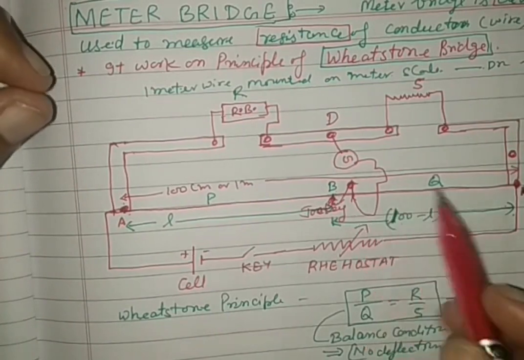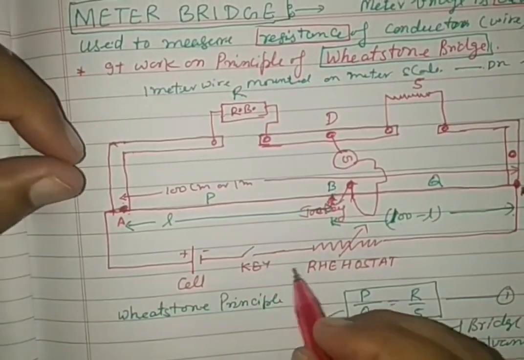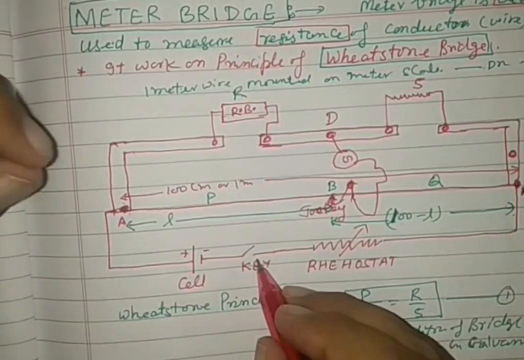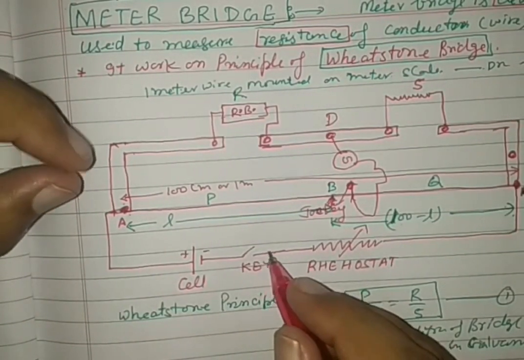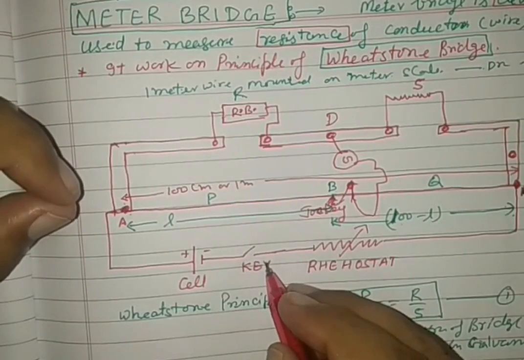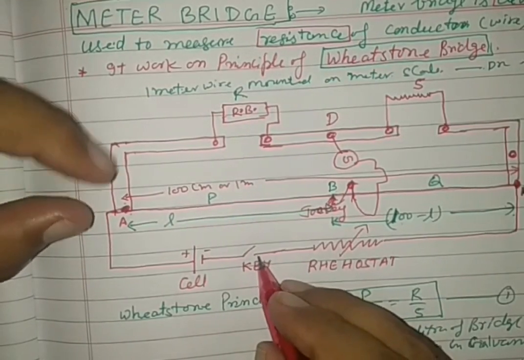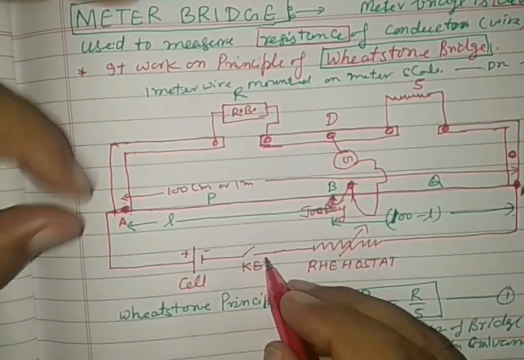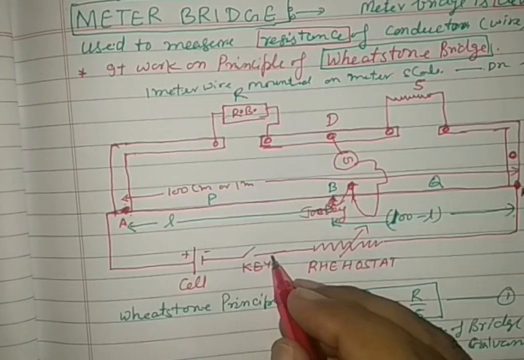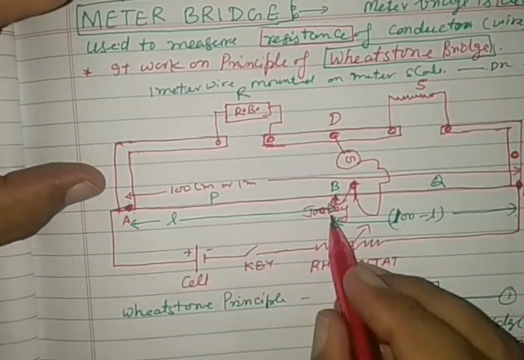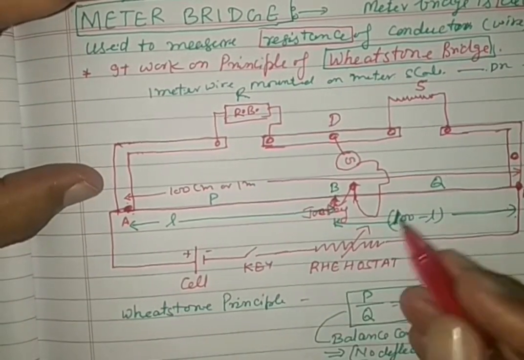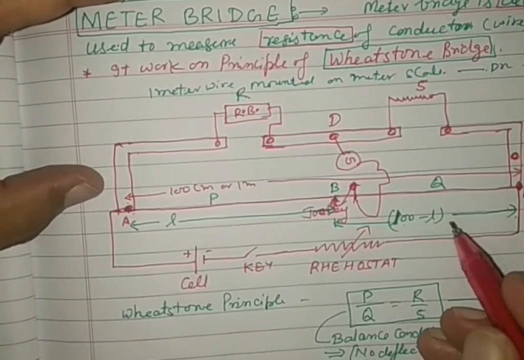And second, press the key only when you are going to take an observation. Otherwise, by a long flow of current, heat can be produced, which can change the value of resistance, right? And slide the jockey gently here. These are some precautions you are required to take.